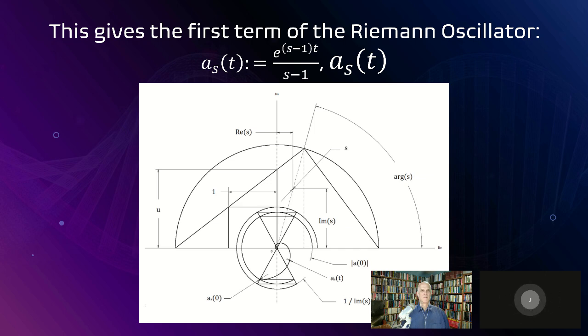So the A sub S of 0 in the lower left, you follow that up to that point there on the inner circle. That is the value 1 over S minus 1. And that is the first term of almost every representation of the Riemann zeta function, so the Abel-Plana form, many of the integrals. In fact, that term is why the zeta function is undefined at S equals 1.